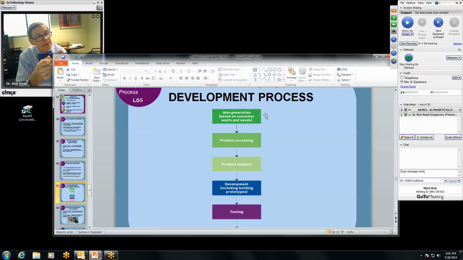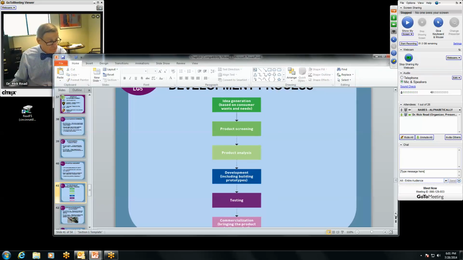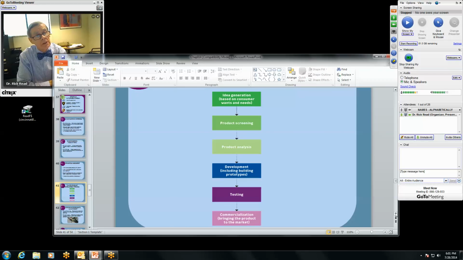And so we're going to figure out what we're going to do here. Then we go to product analysis. Pretty simple. What's it going to cost us to make this thing? Do we have some kind of an idea if there'd be a profit? What can we do with it? Et cetera, et cetera.